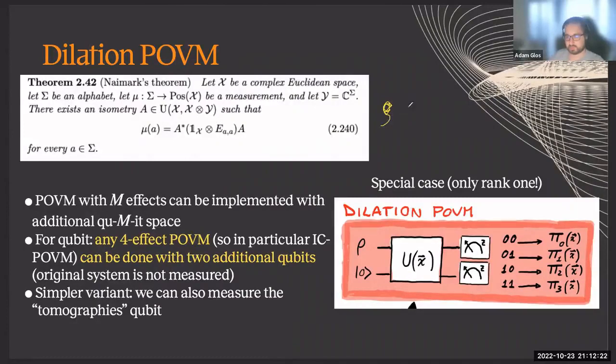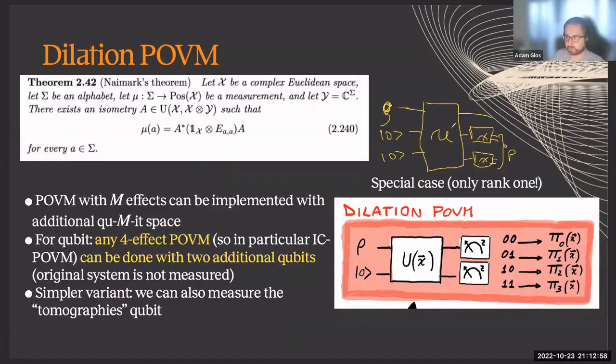If you have state rho and two ancillary qubits in state 0, then there is such a unitary U and measurements acting only on these ancillary systems, such that this probability distribution corresponds to the POVM you want to apply.